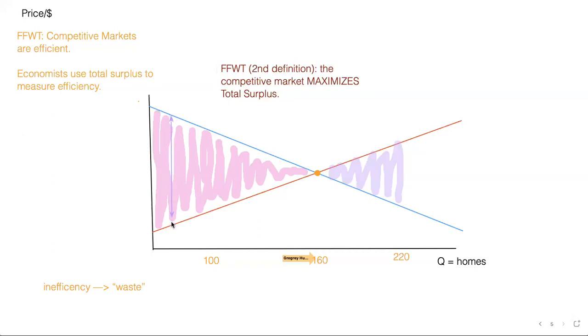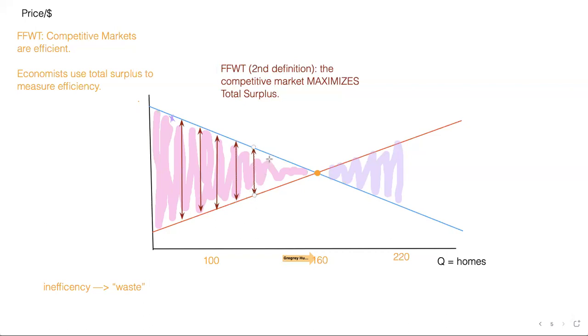Okay, now look. What you should have learned from the homework, or one of the things you should have learned, is that over here on the left side of the diagram, before we get to the equilibrium quantity, all of these units have a positive amount of total surplus associated with them.